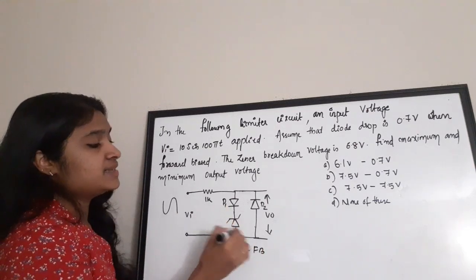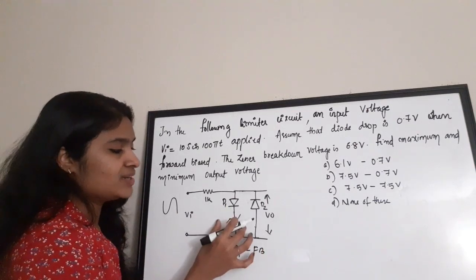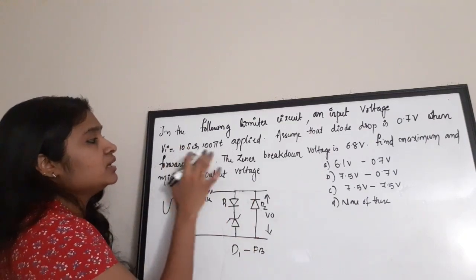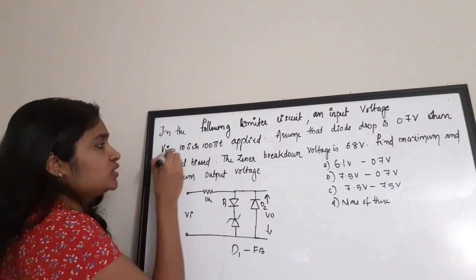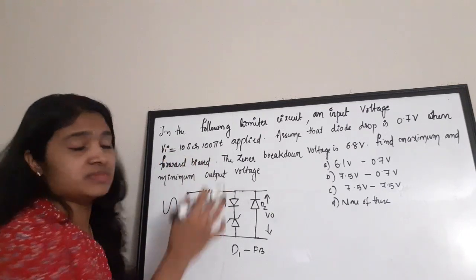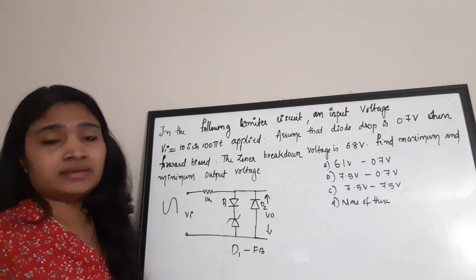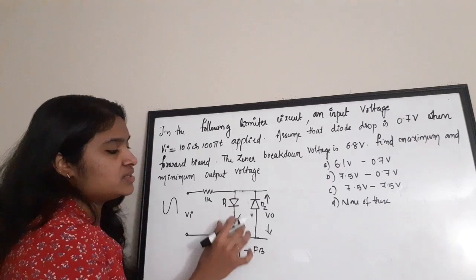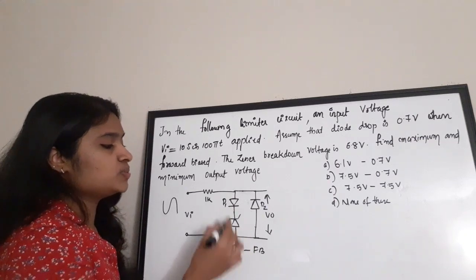And the Zener, what is the breakdown voltage? It is 6.8 volt. But the voltage coming to the input side during the positive half cycle is 10 sin 100 pi t, which means it is greater than 6.8. So the value coming to the Zener diode is greater than 6.8, so it will undergo breakdown.